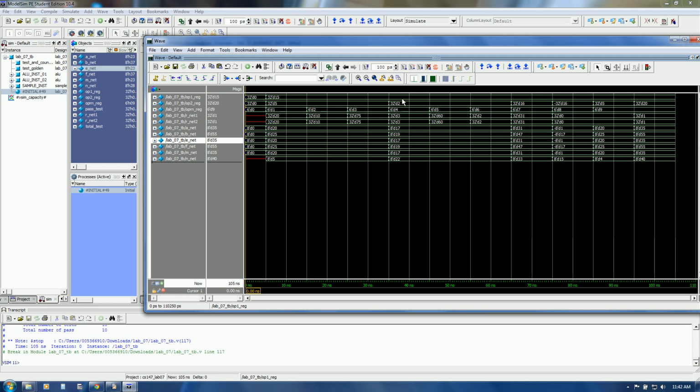Now in this cycle it is 15 and 2, so of course 15 plus 2 is 17, and then F is E plus D, 17 plus 2 is 19. We get that.